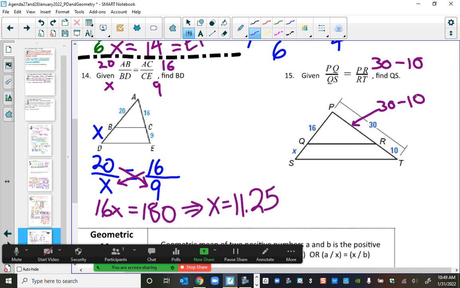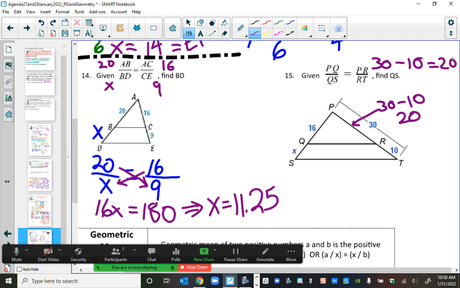Valerie, Zoe, you agree 30 minus 10 is 20? Okay, again, not on those screens. PR is 20. So there's going to be problems where you're going to have to be careful. Are you just getting a portion or the whole thing? Or do they give you the whole thing? You need to find a portion.